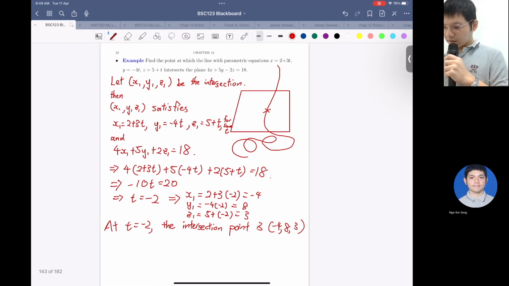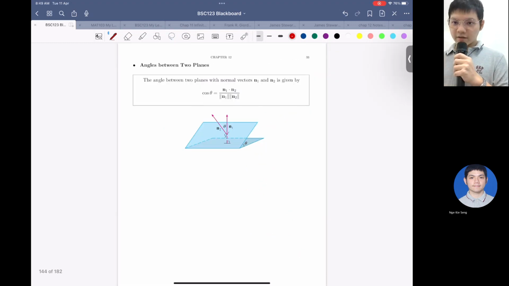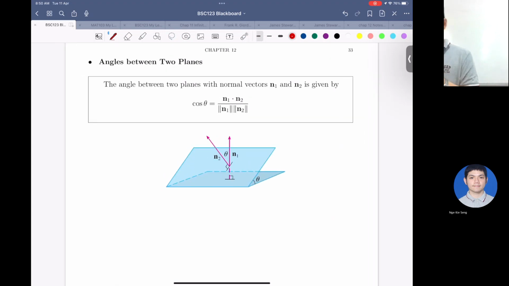Next. For the next few I go relatively fast, because there is some concept that you should have seen before. The angle between two planes. If you have two planes, usually you will take this angle here.